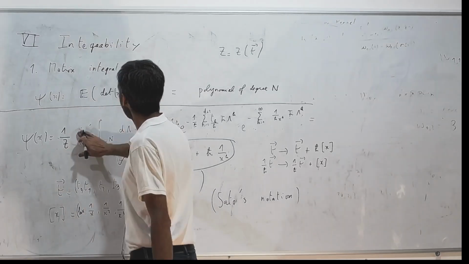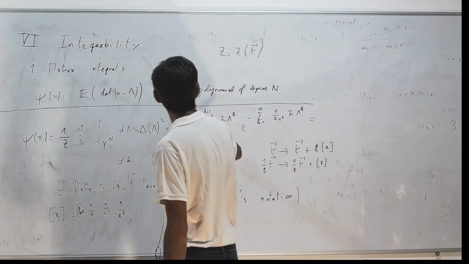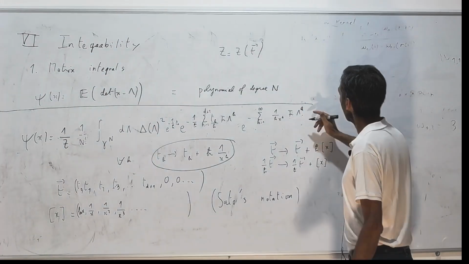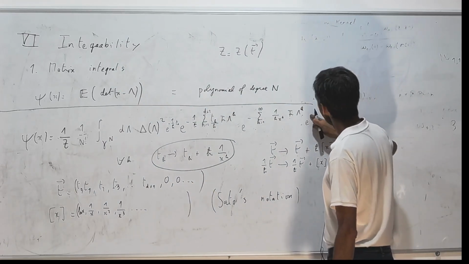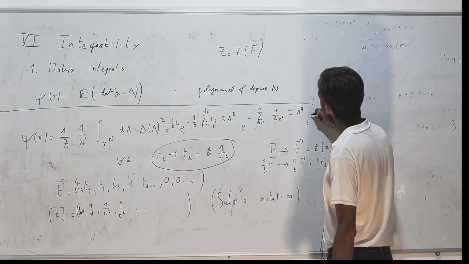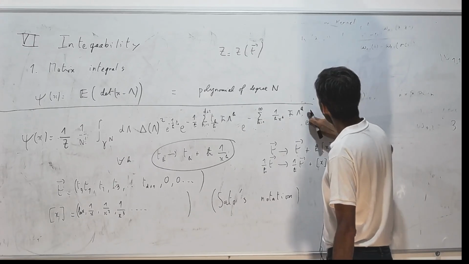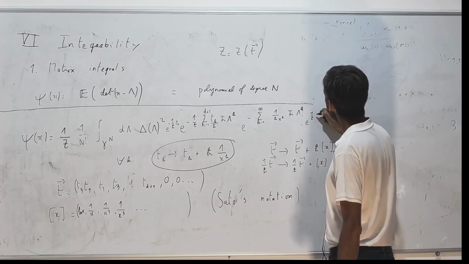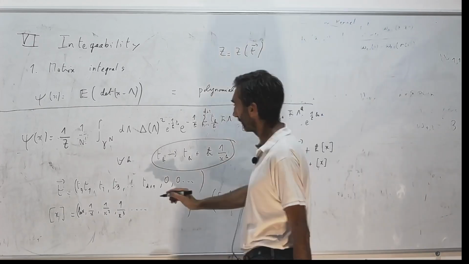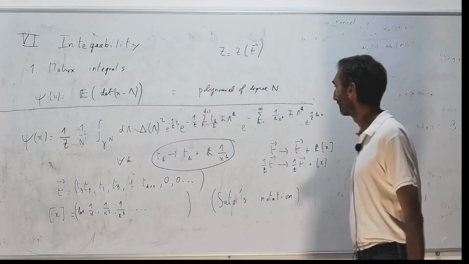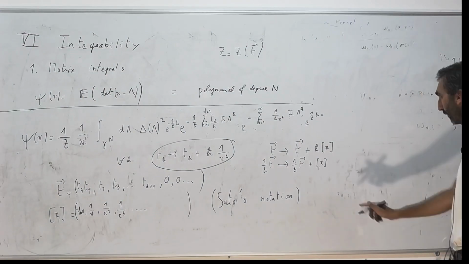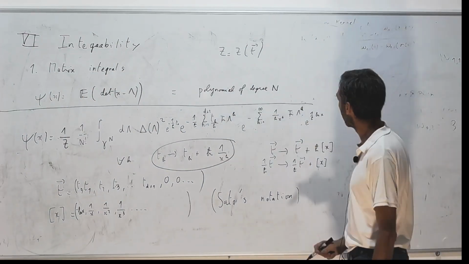So this term is now included in the exponential, plus n, so 1 over h bar log x. And sorry, there is a minus sign here. So now this is correct for all times starting from 0.